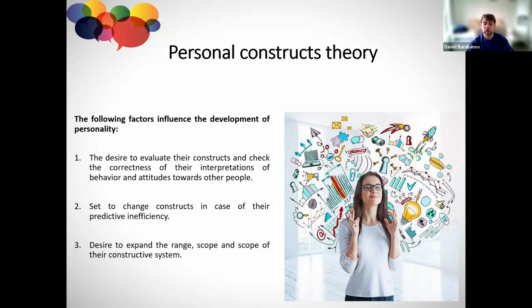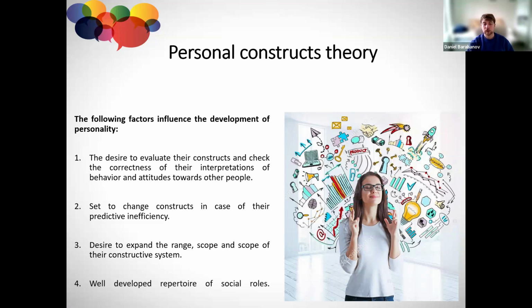And people experience a desire to expand the range and scope of their constructs. So the more events you can predict and explain, the better. People not only want to have several correct constructs, they also want to expand the amount and the quality of those constructs to be able to predict and explain more and more possible situations.